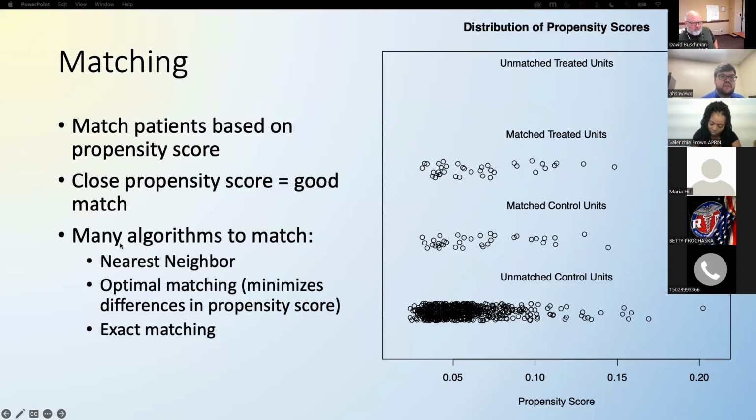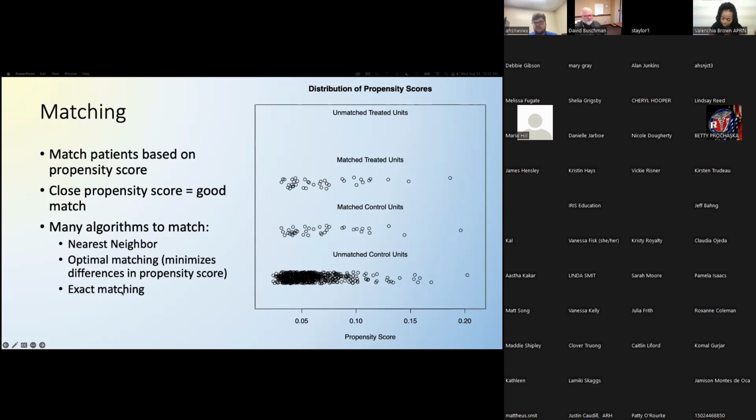There are many algorithms by which you can match. Nearest neighbor matching is the most frequent. There's what's called optimal matching, where you try to minimize the differences in propensity score for each pair. And then there's exact matching, which is the equivalent of matching based on risk factor.